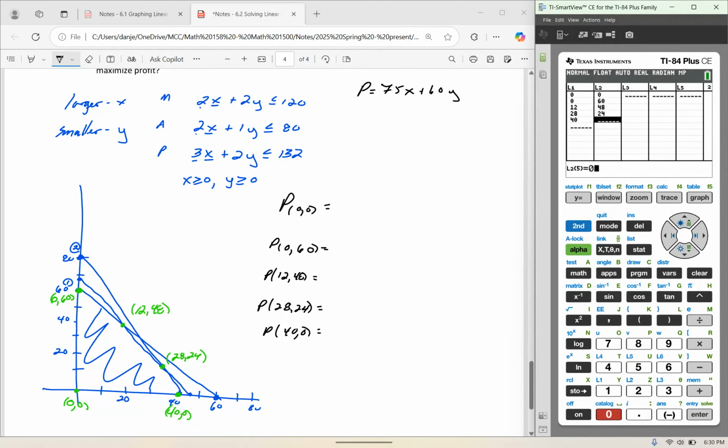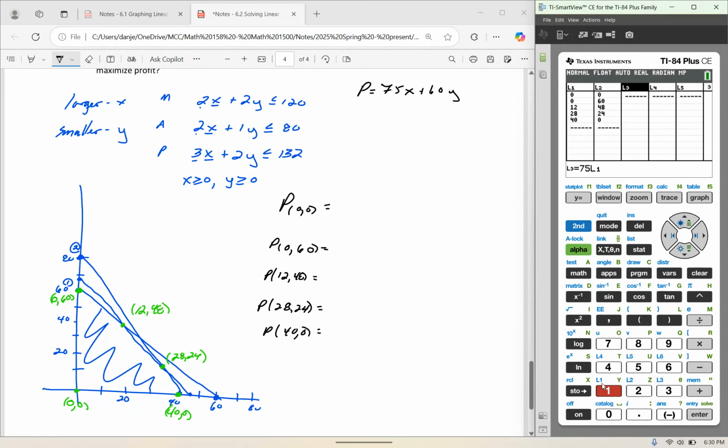24, and 0. So now what I'm going to do in L3, I put my cursor up onto the L3 and I press equal. And you'll notice here it says L3 equals, okay? And it's blinking. Now what I want to do is 75 times, and I did second 1, that says L1.